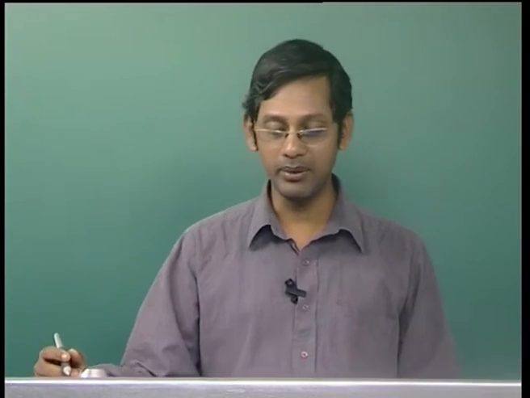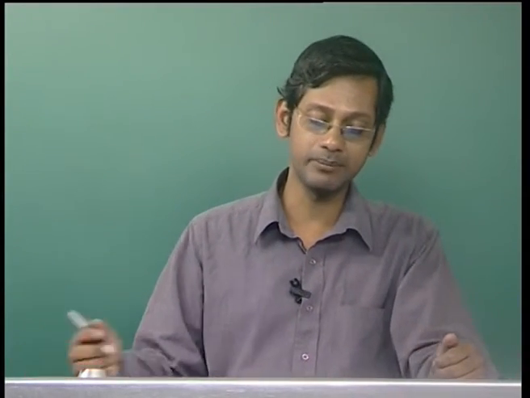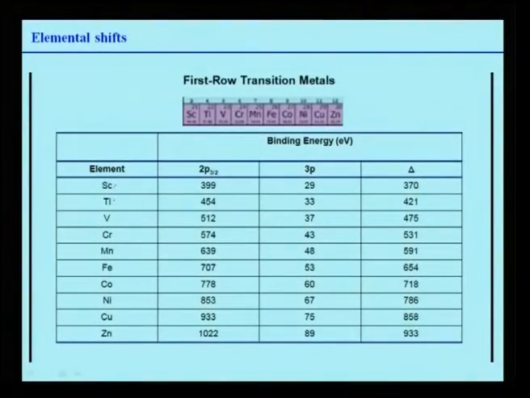Well, now let us talk a little bit about the elemental shapes for the different first transition metal series, scandium, titanium. Scandium stands for 21 and zinc stands for 30. So if you go from 21 to 30, the 2p 3/2 peak shifts from 399 electron volts to 1022 electron volts.